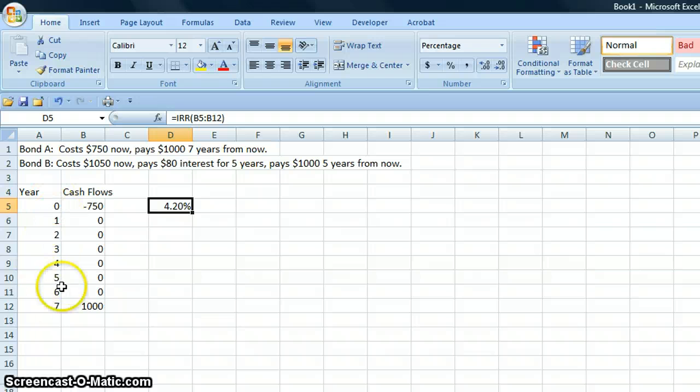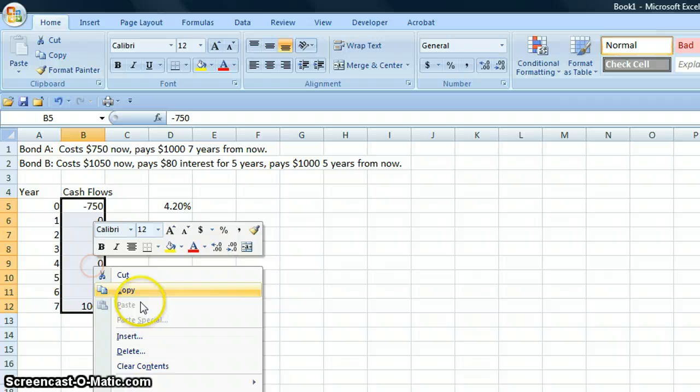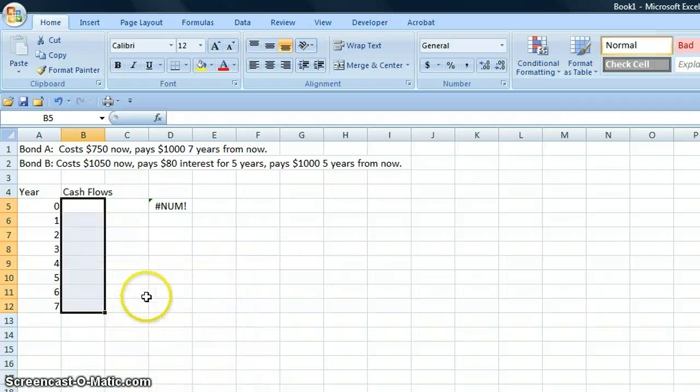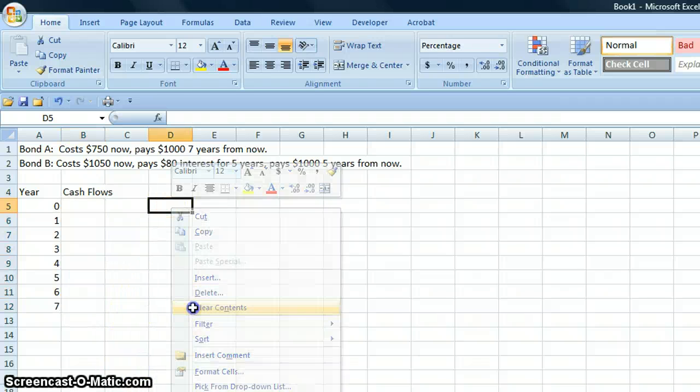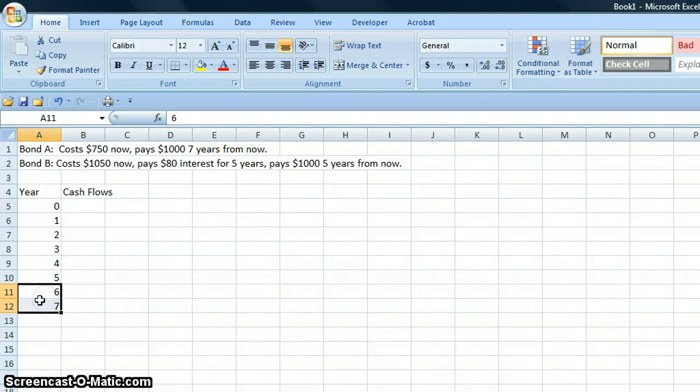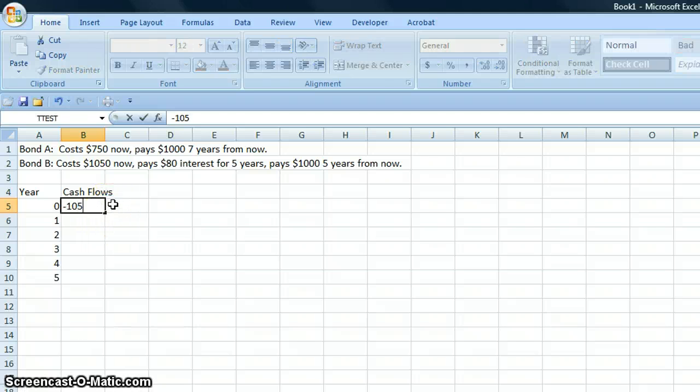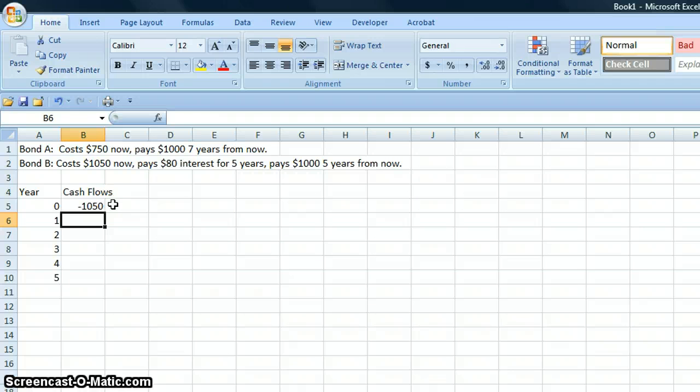In this case, we would again set up a table with the years. I'm going to clear these cash flows. I'm also going to clear the year 6 and 7. We don't need them anymore. So this bond costs $1,050 now. That's negative $1,050 because we're paying it. It does pay $80 in interest every year for 5 years, so that's 80 in year 1, 80 in year 2, and in year 3, in year 4, and in year 5.